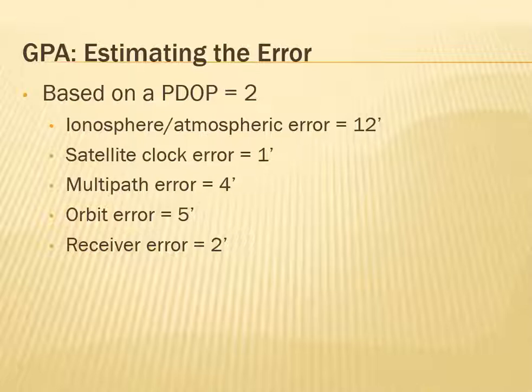Basically, you have all of these different types of errors that have an anticipated error. You know the approximate error for these different things that could happen. And the way that you would calculate this is you would get the, what is it called?